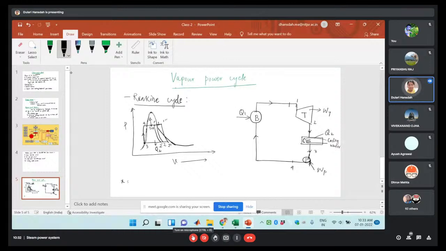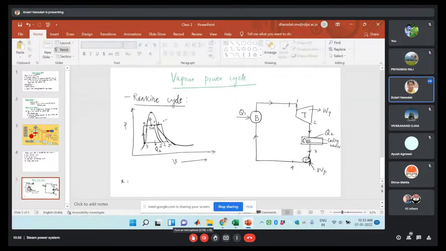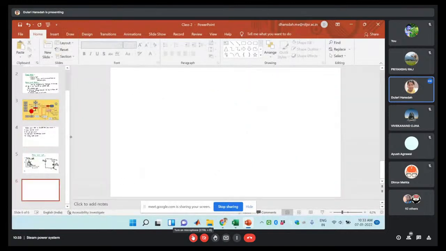If you observe, in this case we have taken 3 different steam conditions, and the expansion is also shown. The next one is the TS plot. The TS plot is the temperature and entropy plot. It is also a property diagram.